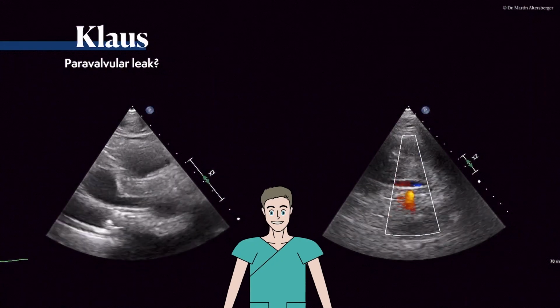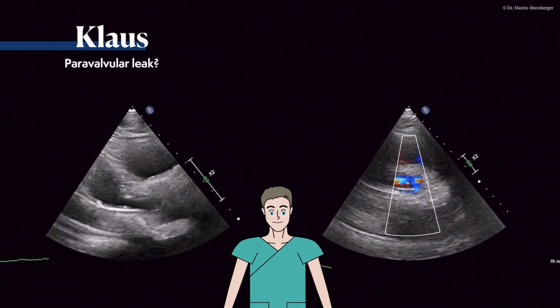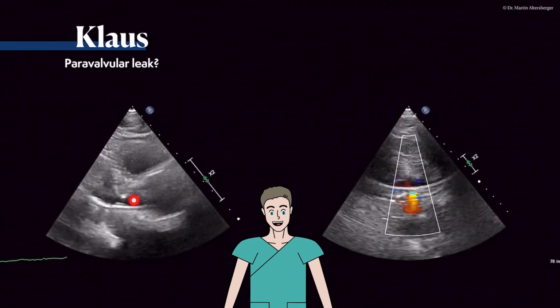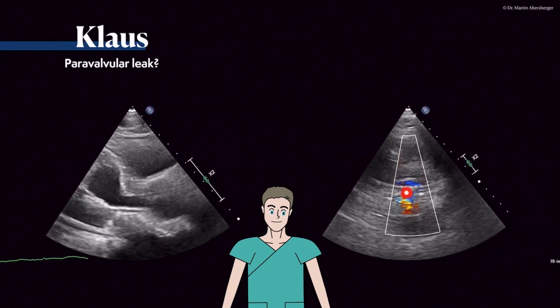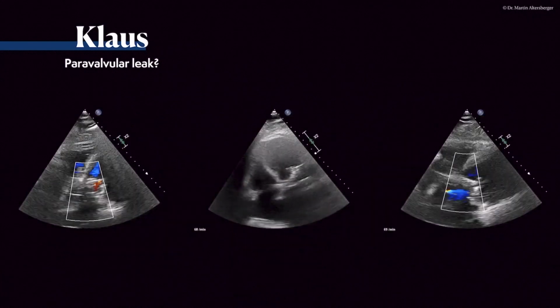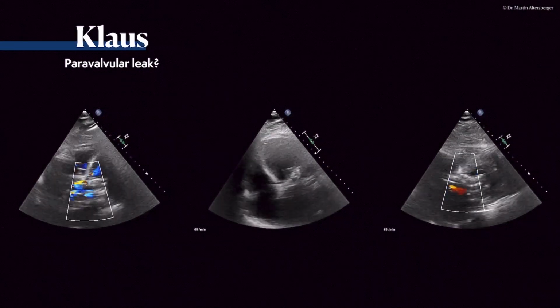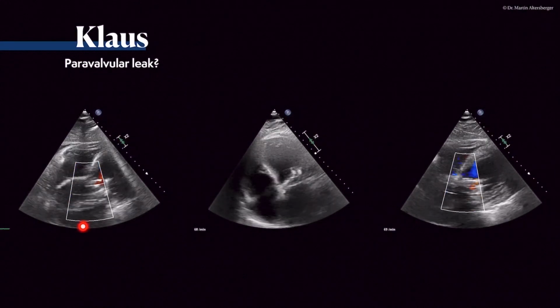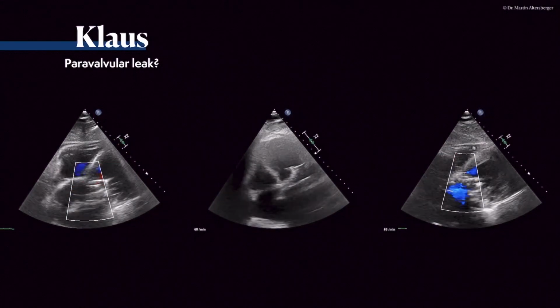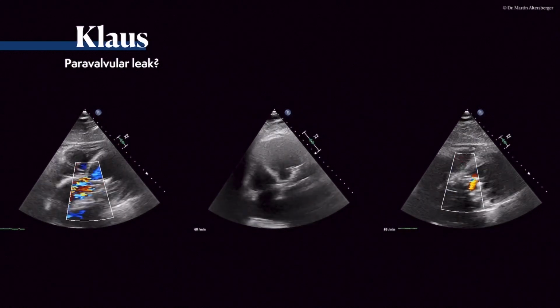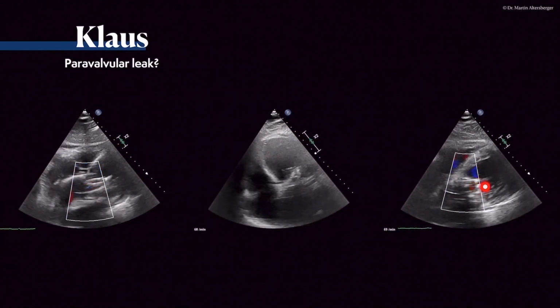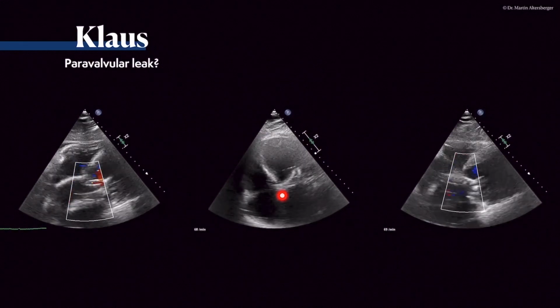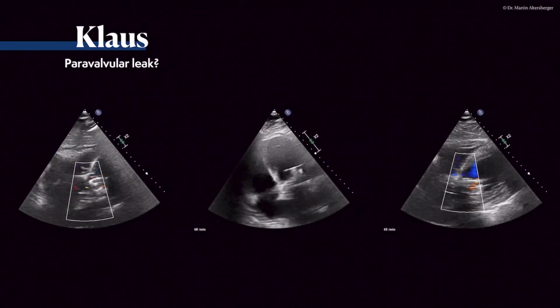Now the suspicion was, is there a paravalvular leak? And take a close look over here. The LVOT seems rather narrow. Here you also have several turbulent flows, and looking at the subcostal imaging, you see that there's truly a turbulent flow, not towards the atrium, so it's not likely that there is a paravalvular leak, but that is actually LVOT obstruction. So the valve itself looks nice, but the LVOT is significantly narrowed.